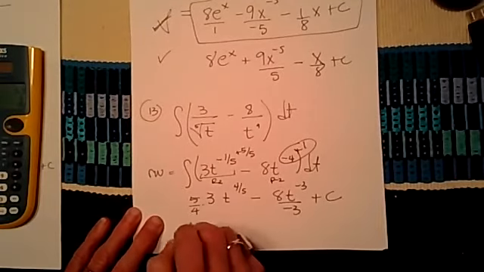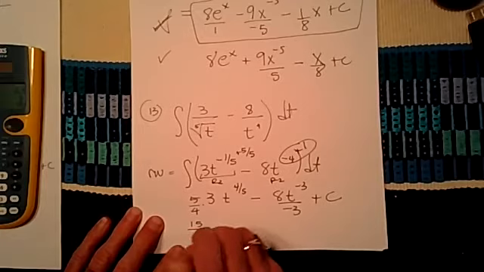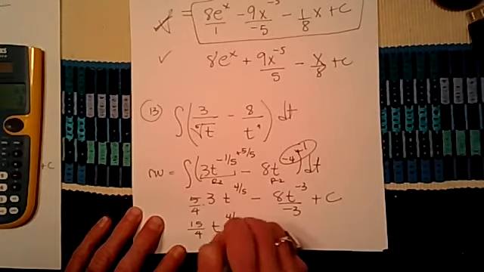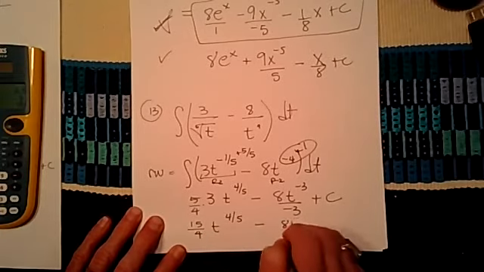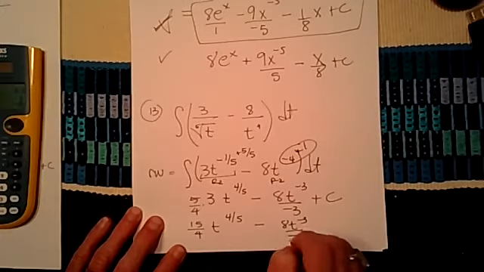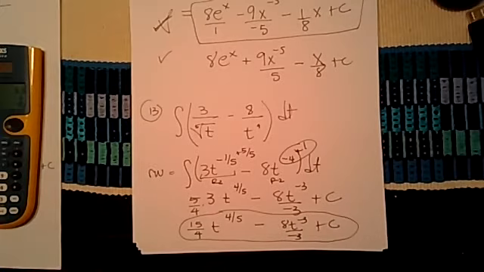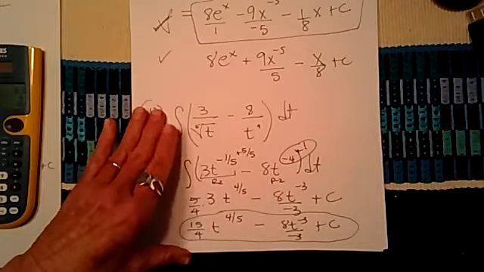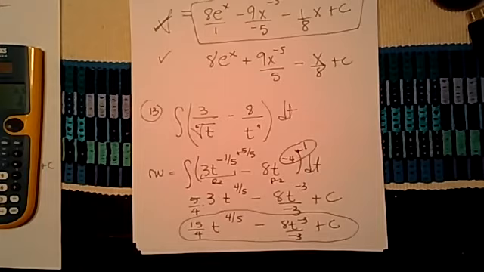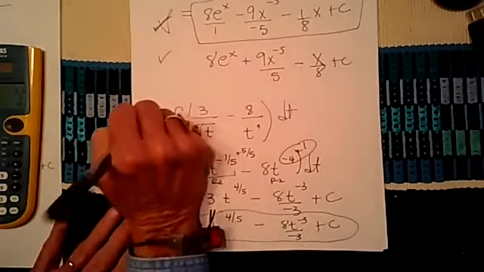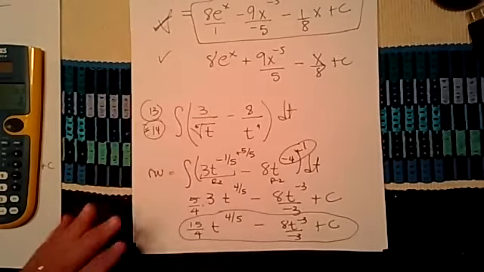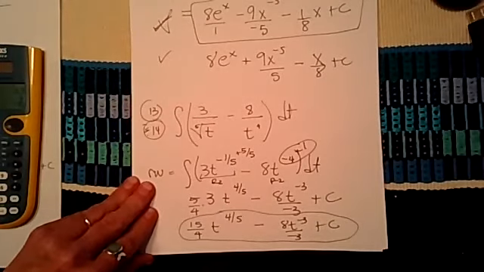So I multiply: 15/4 t to the 4 over 5 minus 8t to the negative 3 divided by negative 3 plus c. You can change those to a plus if you like. It's just a personal preference. And then number 14 is exactly like that. They just give you 2 to try. So I'm going to call that 13 and 14. No sense in me working 2 of them when you've got that down.